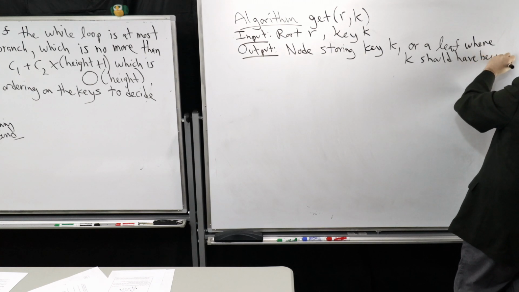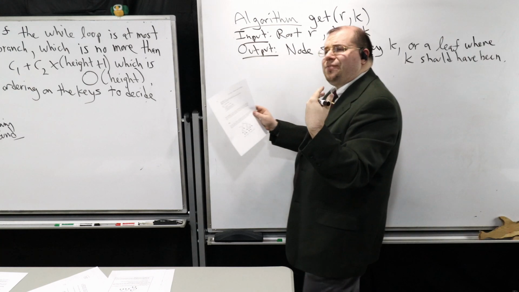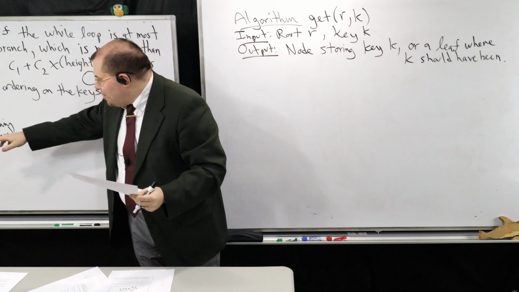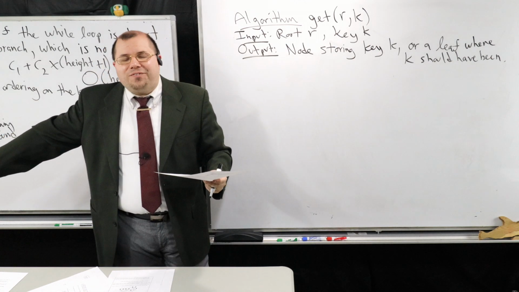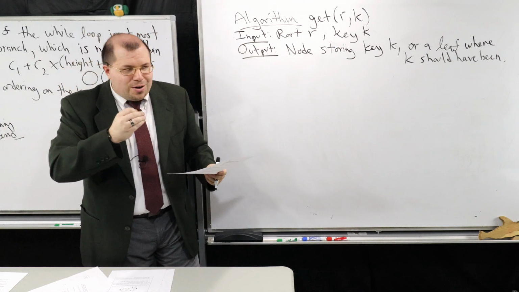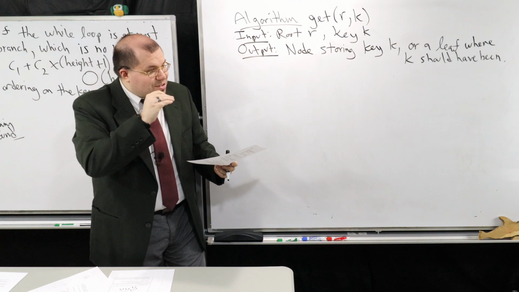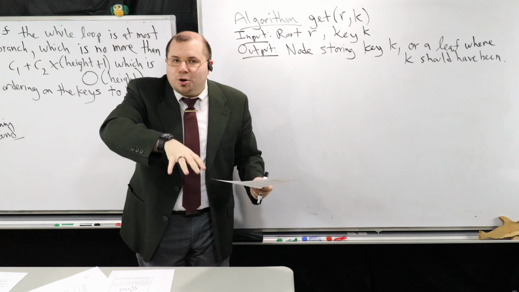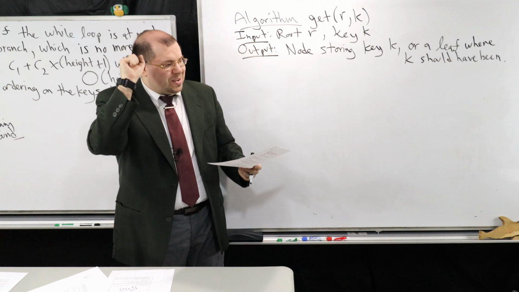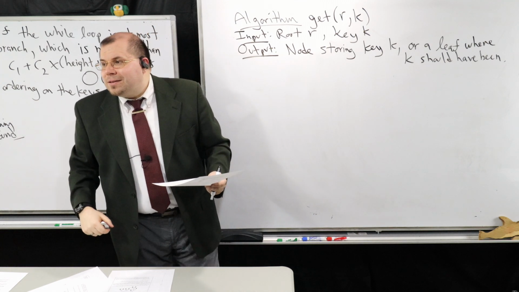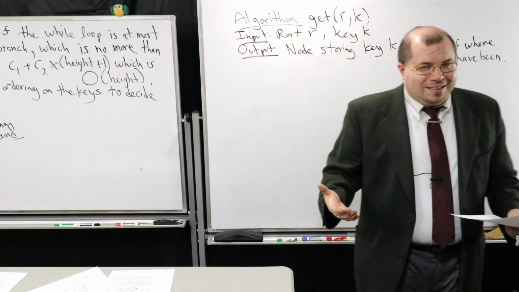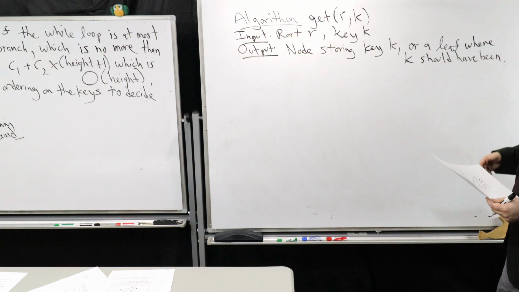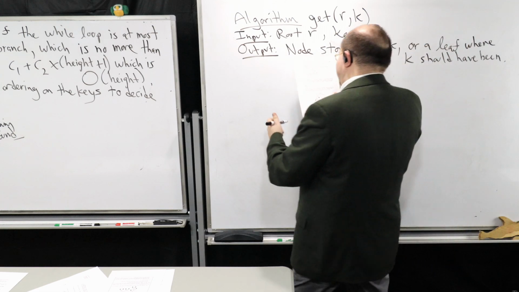For example, when I did get 12, I hit a leaf node. That leaf node is the one I'm returning. Is that clear, everybody? When a failed search happens, I hit a leaf node, and I want that leaf node. I might use it for something later on in the next class.